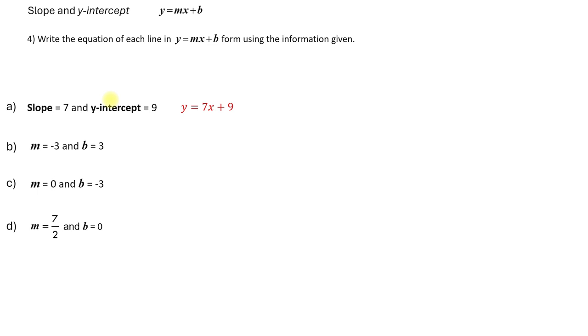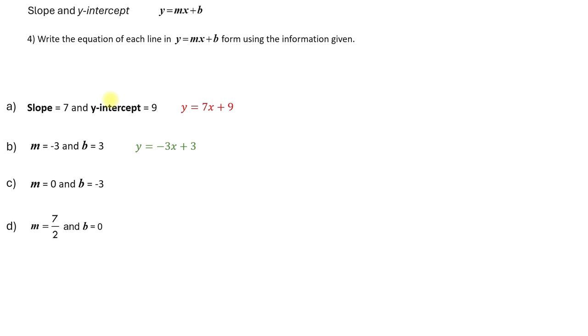For b, we're told that m is -3 and b is 3. M is just the variable we use for slope, so the slope is -3, and the y-intercept, or b, is 3. So there's our equation, y equals -3x plus 3.